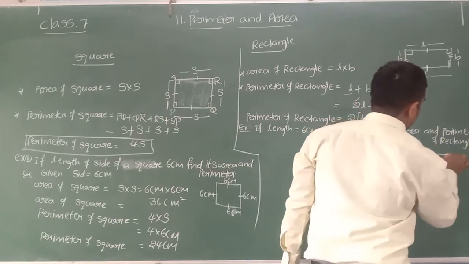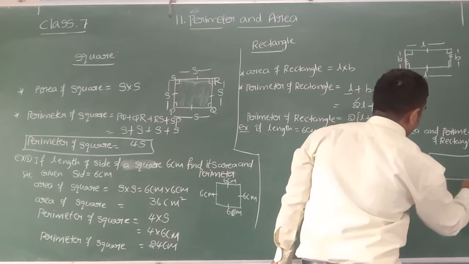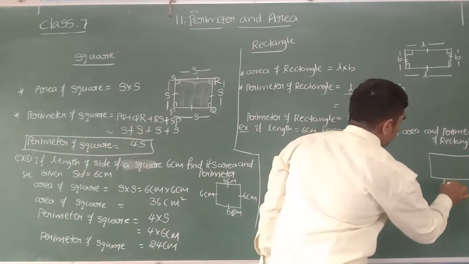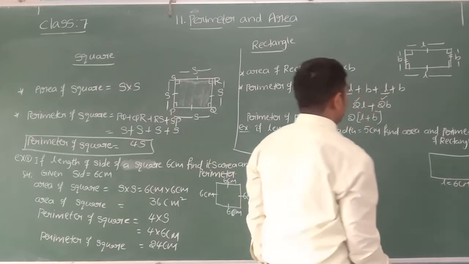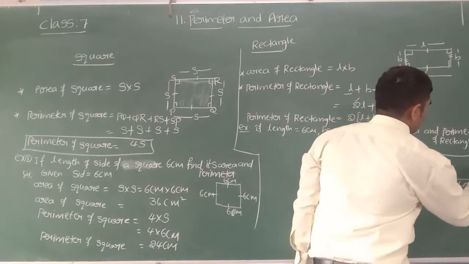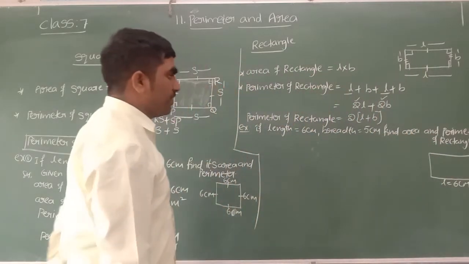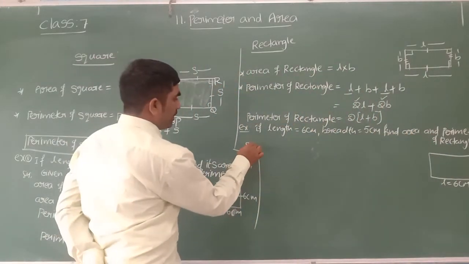Here we have a rectangle, and they said whose length is 6 centimeters and the breadth is 5 centimeters. Now let us find the area of the rectangle.